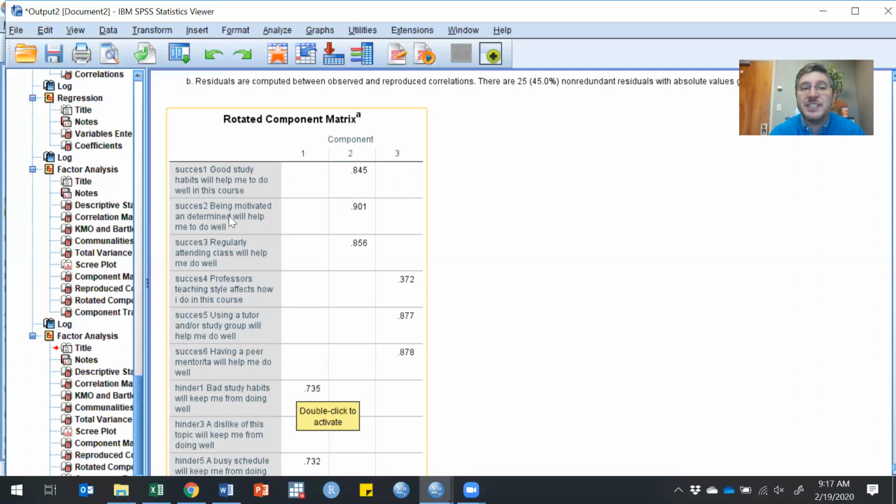If we measured all these success items to represent something like academic success, and they're breaking out into 2 separate components, then maybe we didn't measure the construct we were trying to develop as well. It seems like we're measuring success hindrances and mentorship habits here with components 2 and 3.